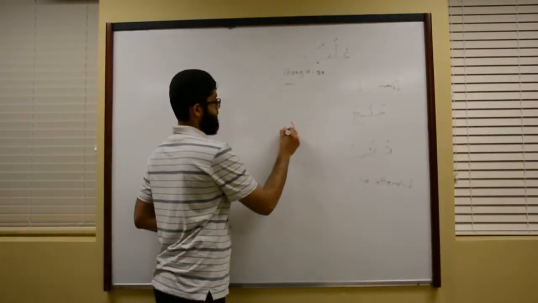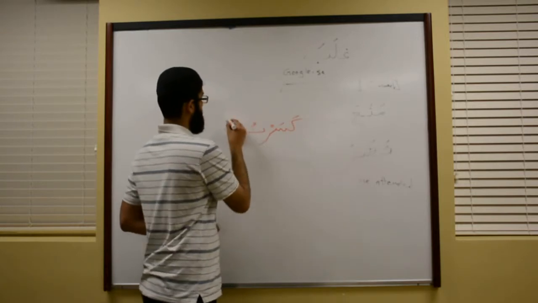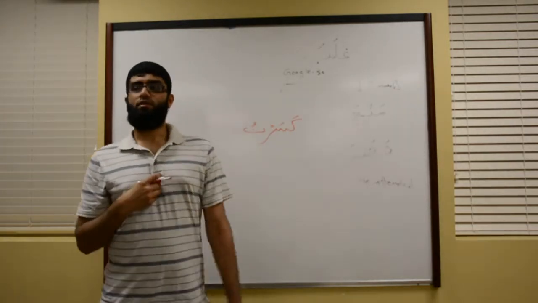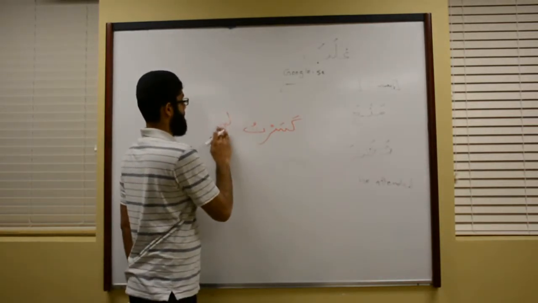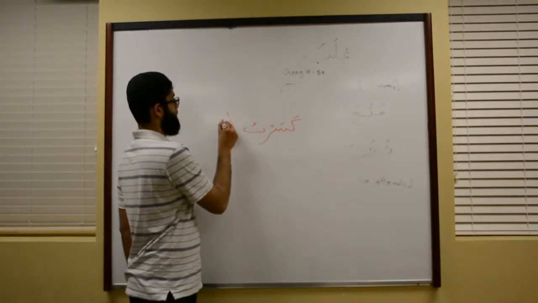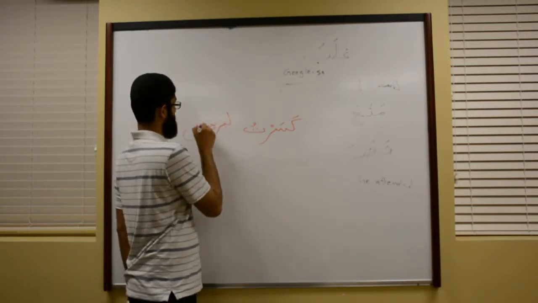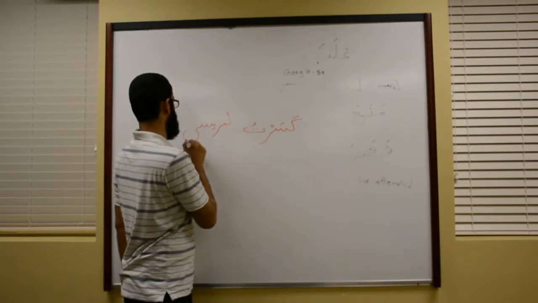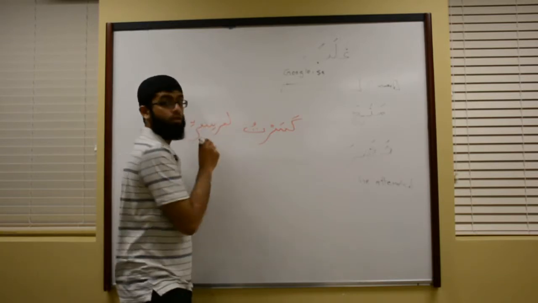Al-yawmu. So كسرت. كرسي. How do you say my chair? كرسي. So what's mansub in this case? كرسي. It's hidden, right? Why is it hidden? Because of the ya mutakallim.